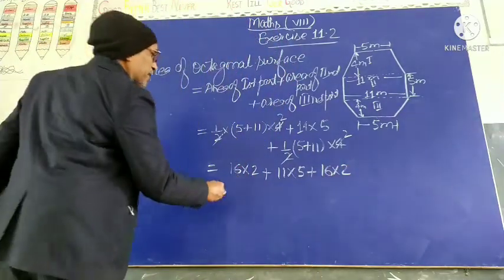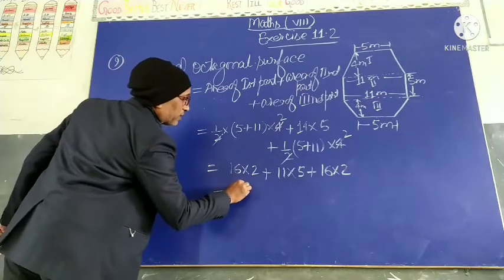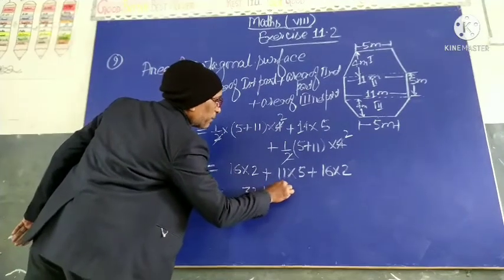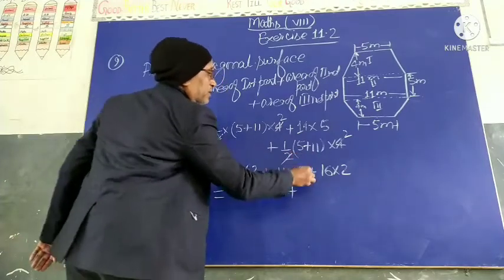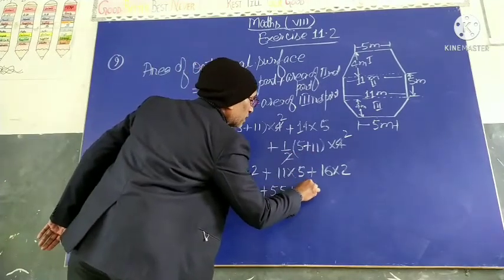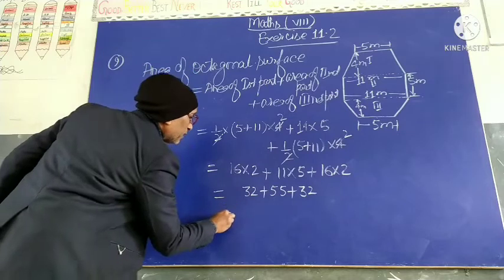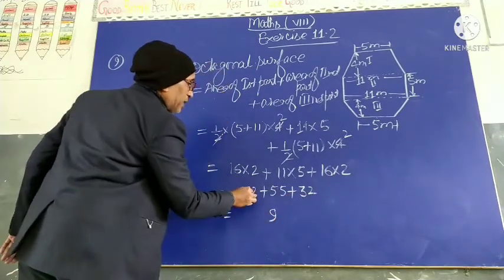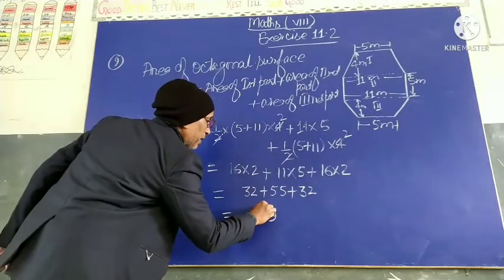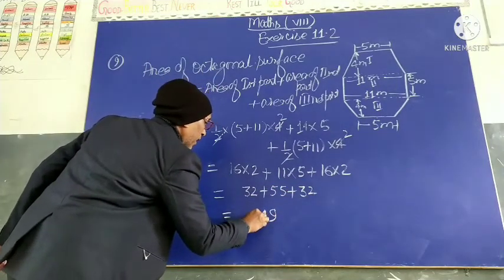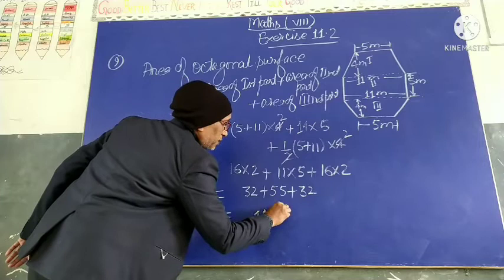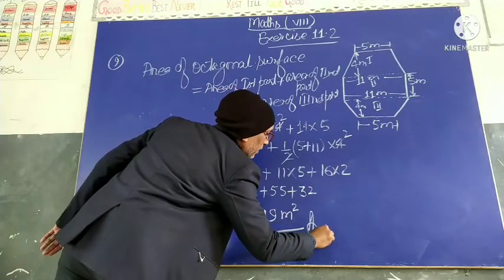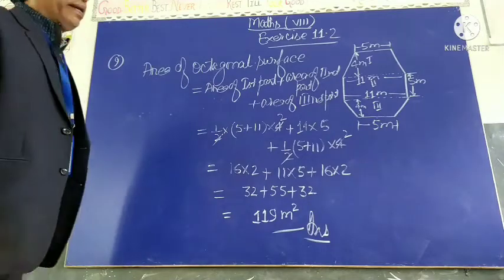You simplify this expression, you get 32 plus 55 plus 32, which is 119 meter square. It is your answer of question number 9.